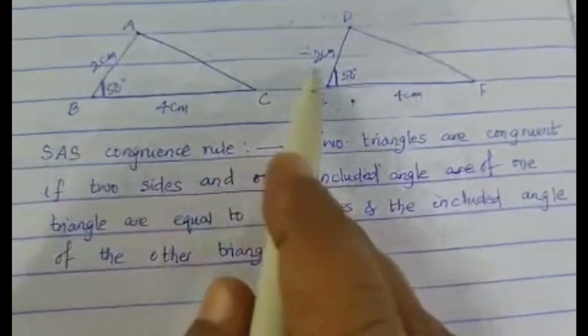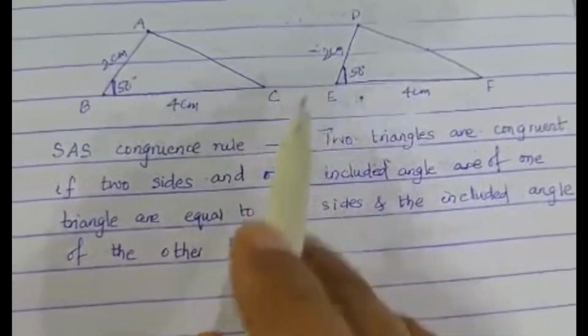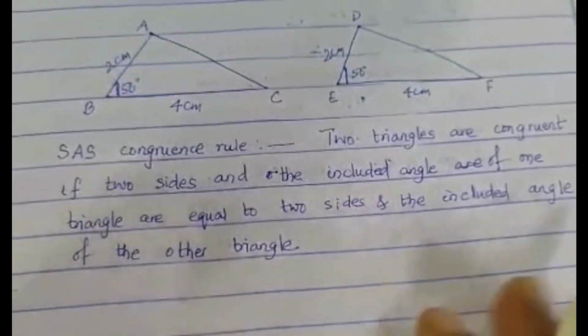So two sides and the included angle. So these three things have to be equal, then and only then the triangles are congruent.